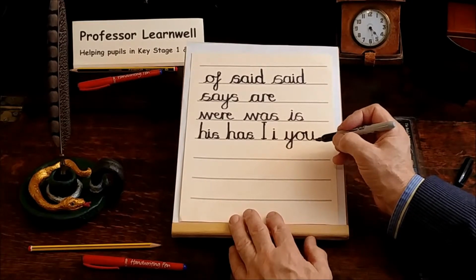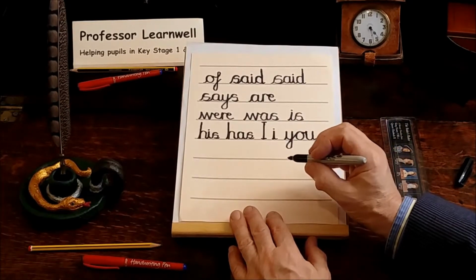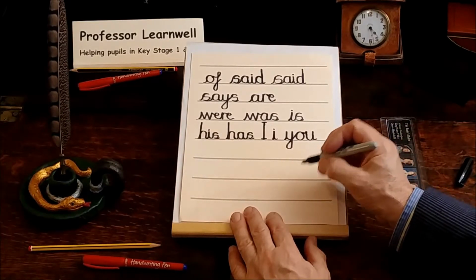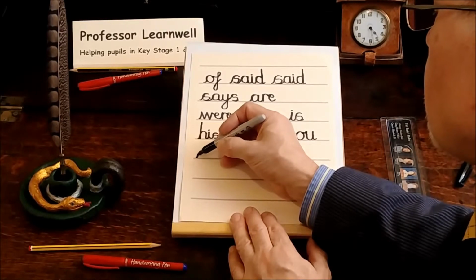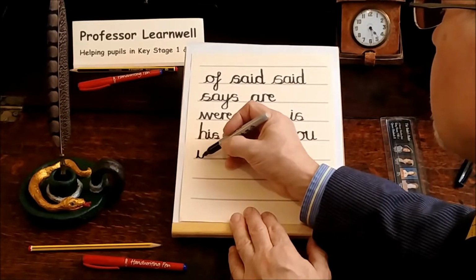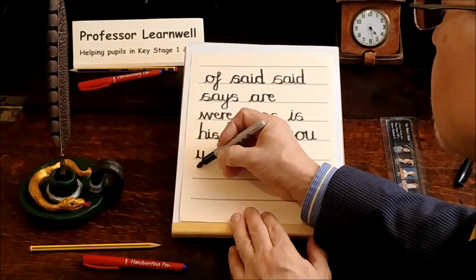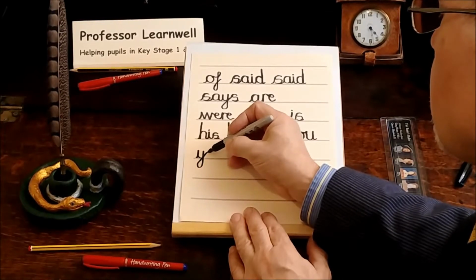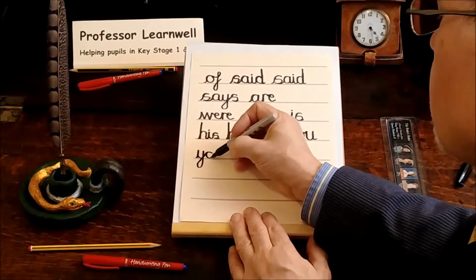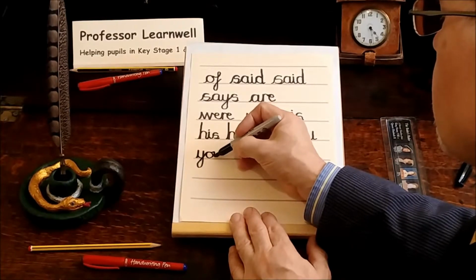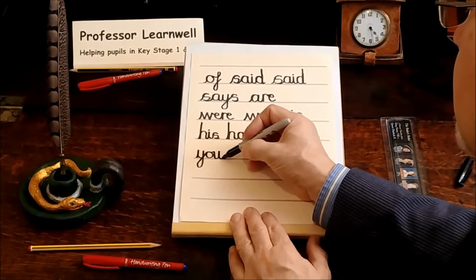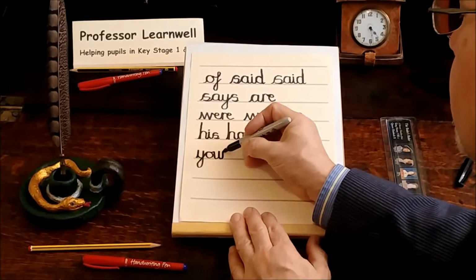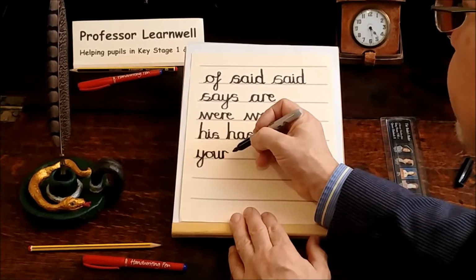Our next word is going to be your, which is a different sounding word, but the first three letters are the same. Lead in. And now the letter R. Bounce back up, over, and lead out.